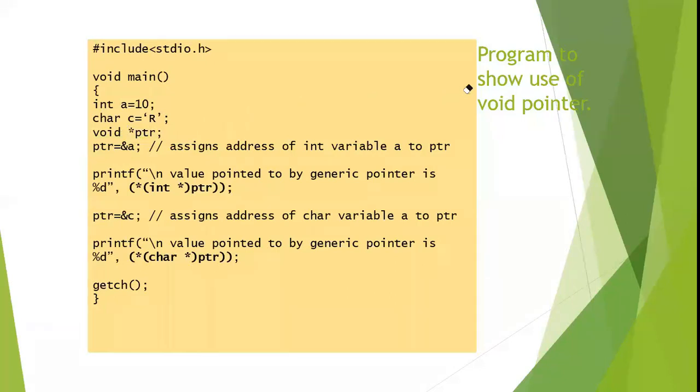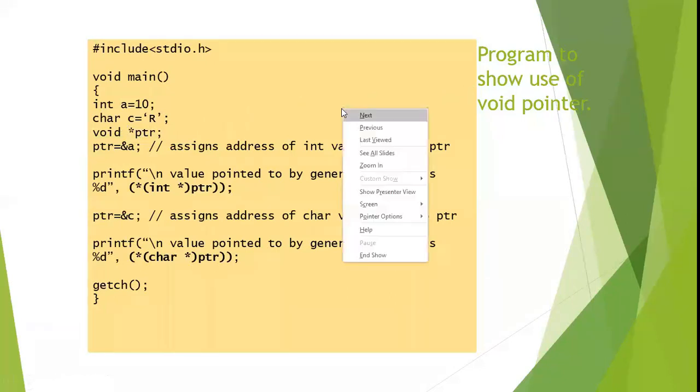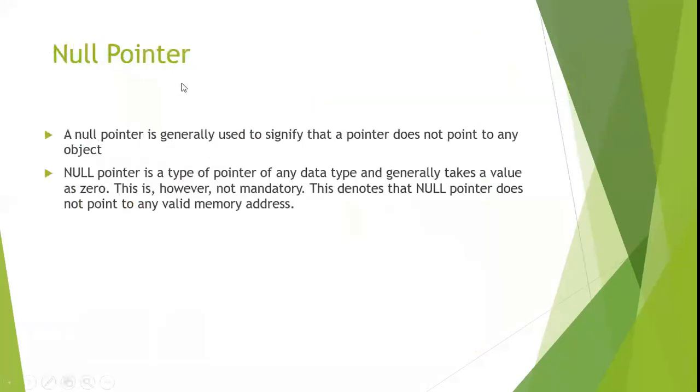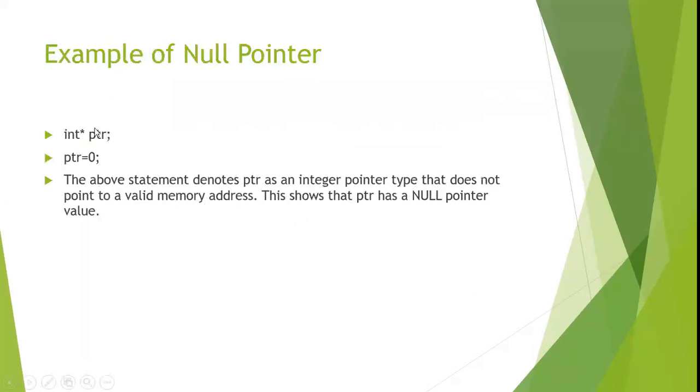So let's move to the next. Null pointer. A null pointer is generally used to signify that a pointer does not point to any object. A null pointer can be of any data type and generally takes the value 0. This is, however, not mandatory. It denotes that the null pointer does not point to any valid memory address. An example of a null pointer: int *ptr is a wild pointer.